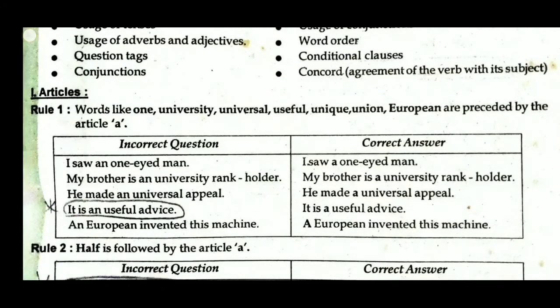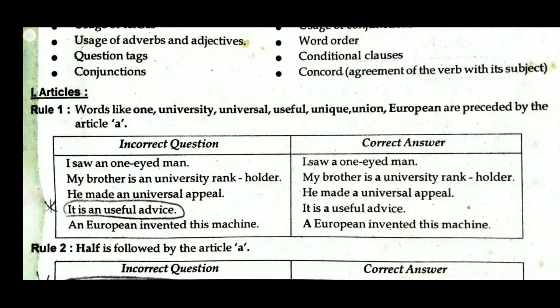Rule 1: university, universal, useful, unique, union, European are preceded by the article a. How? Actually, these are all article rules. If a word starts with A, E, I, O, U, then you have to use an. That's the rule.